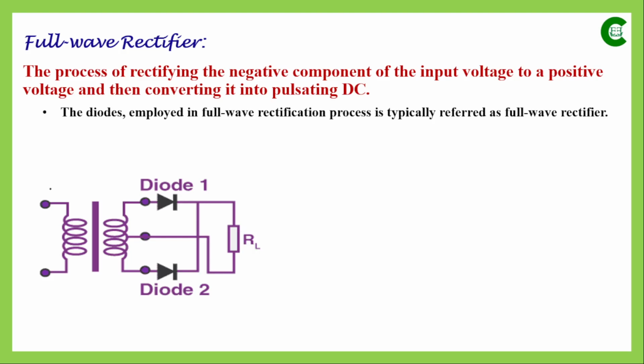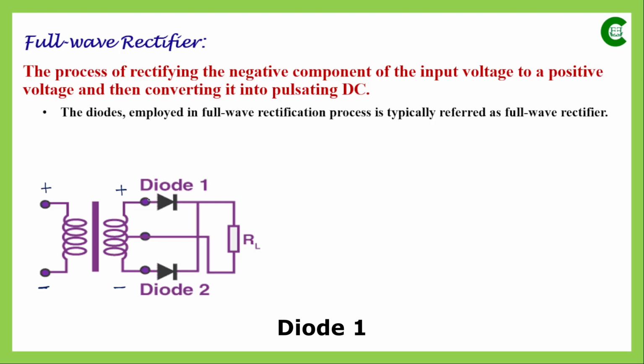Now suppose we are applying an AC signal at the input side and it is at its positive half cycle. Then that will be reduced to some other value, but the polarity will remain the same. So the potential of this point will be at a higher level compared to the potential of this point and also the center point. When that happens, the positive side of that PN junction diode will be connected with the positive side of the input signal.